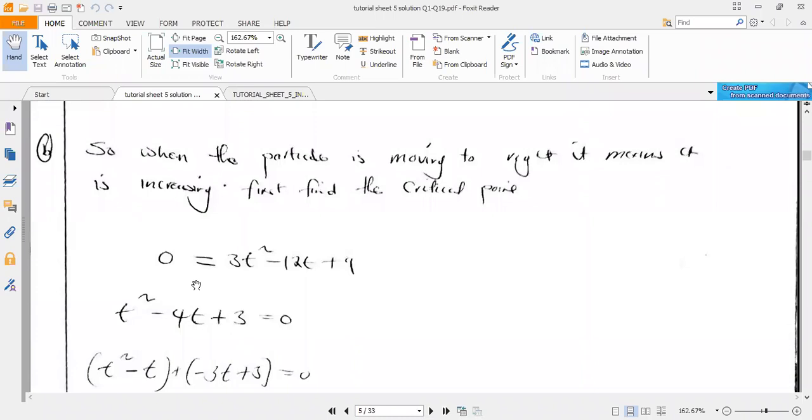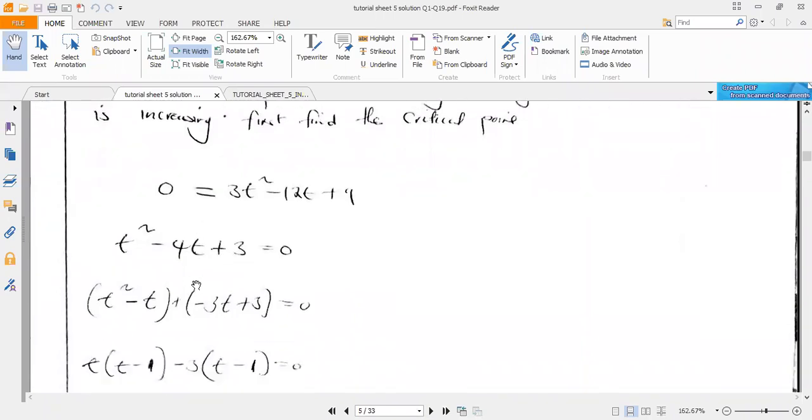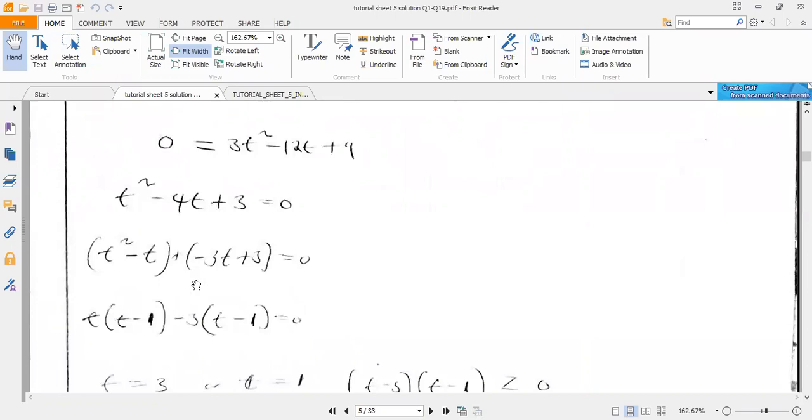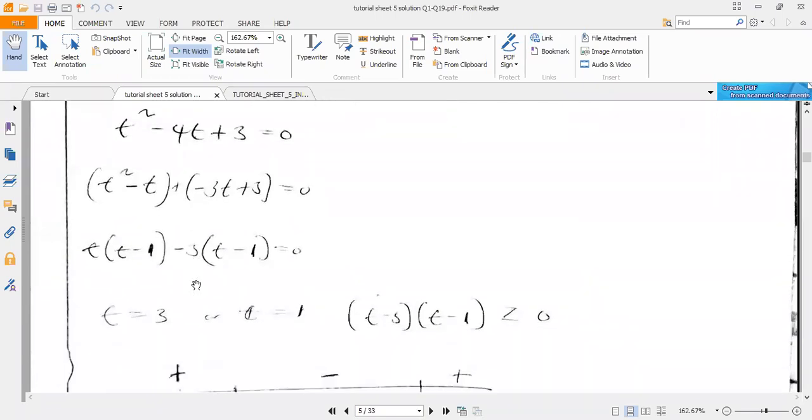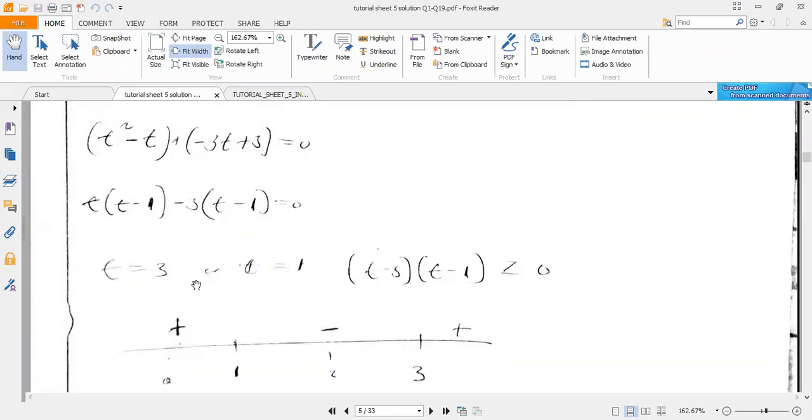When you do the factorization method, you have t minus 3 and t minus 1. So t is equal to 3 and t is equal to 1. That is what you are going to have. So you have those points.